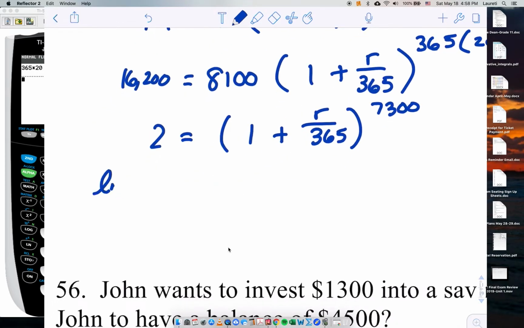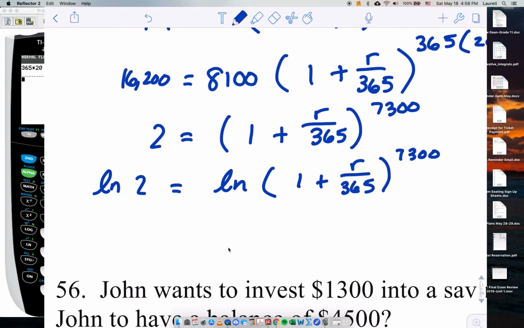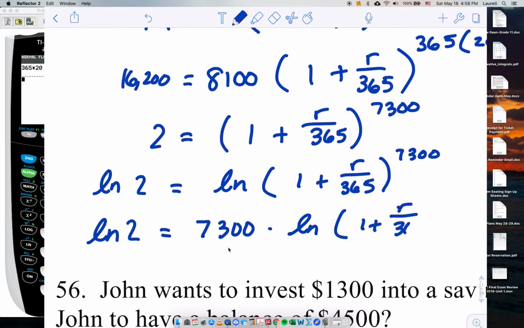That's natural log of 2 equals 7,300 ln of 1 plus R over 365.